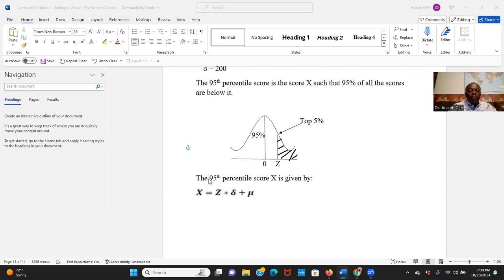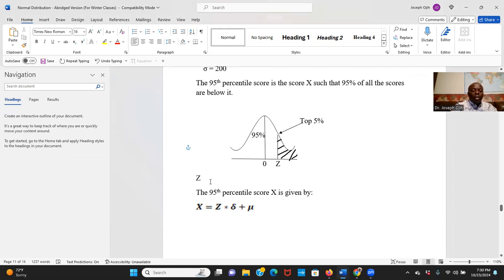Let's find our Z first of all. To say 95%, that means the rest is at the tail. So we do 0.5 minus 5%, that means 0.5 minus 0.05.